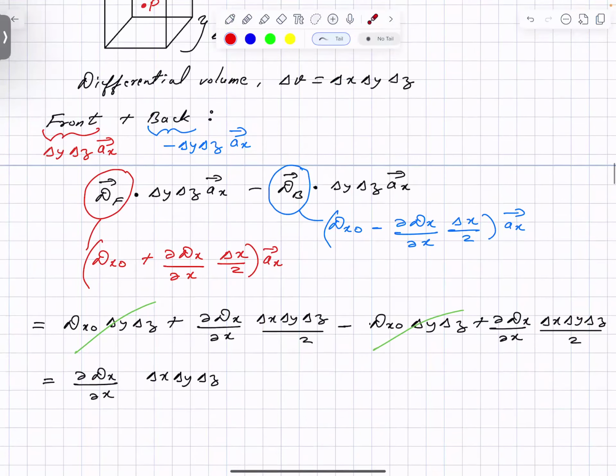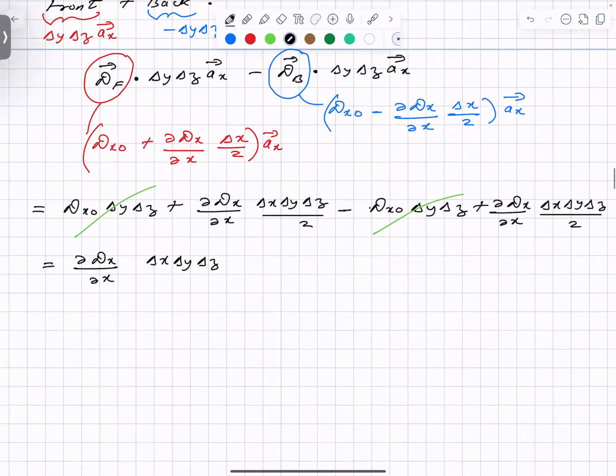So out of the 6 surfaces, we consider just the front and the back surfaces, and the total flux coming out of the front and back surfaces together is equal to this. Okay, the derivative of Dx with respect to x times delta x, delta y, delta z. Similarly, we could consider the left plus right.